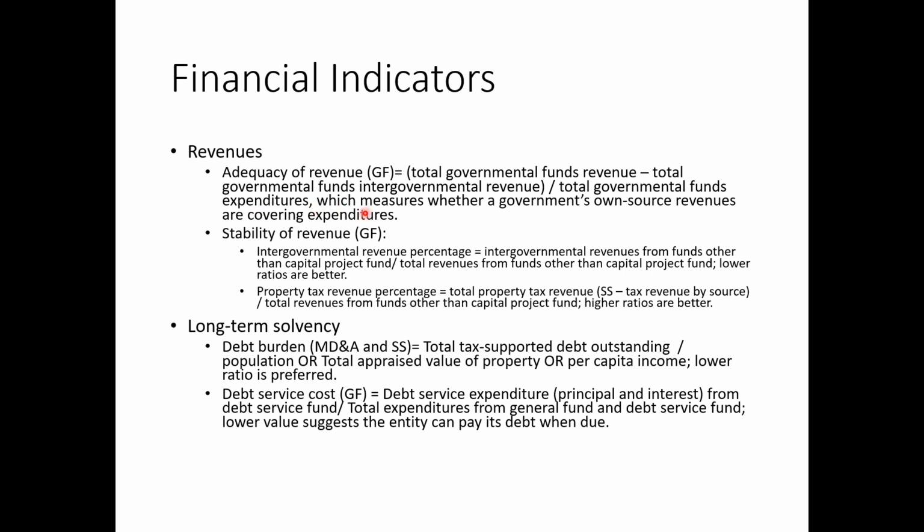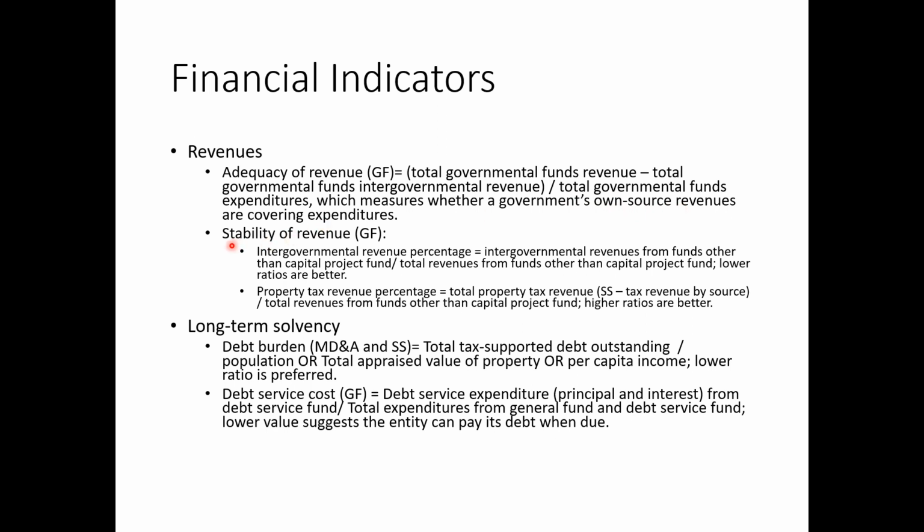Basically, this shows whether a government's own source revenues can cover its expenditures. That's why we subtract the intergovernmental revenues. Those are the grants. So total revenue less the grants is the government's own source revenue.